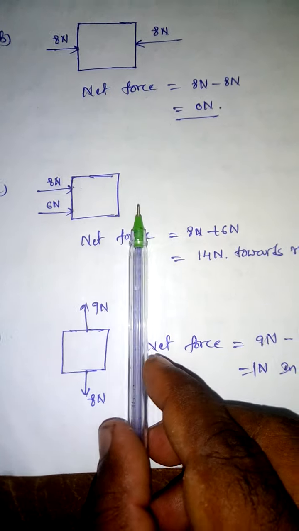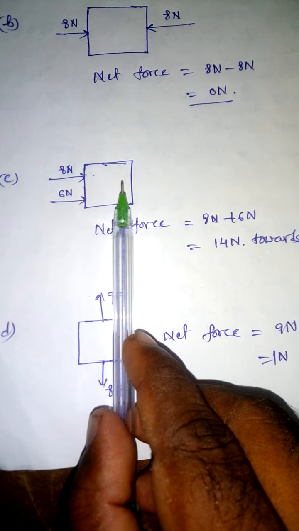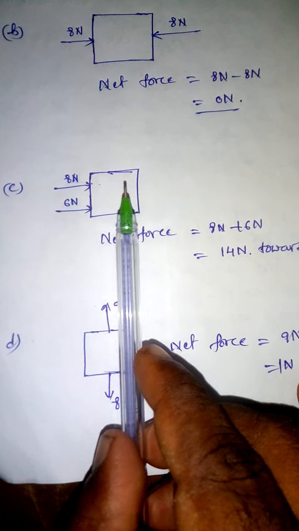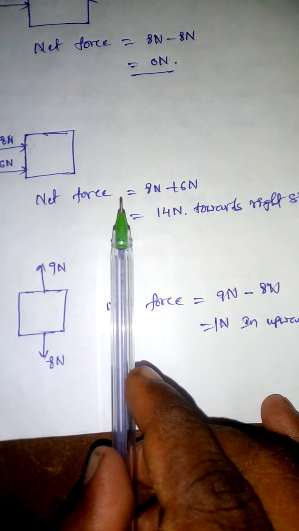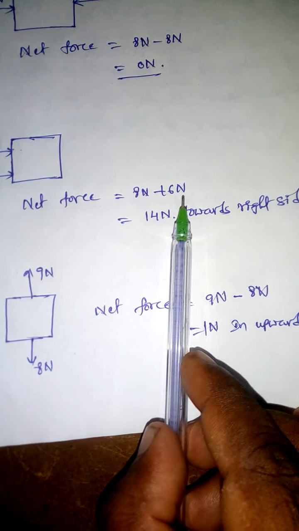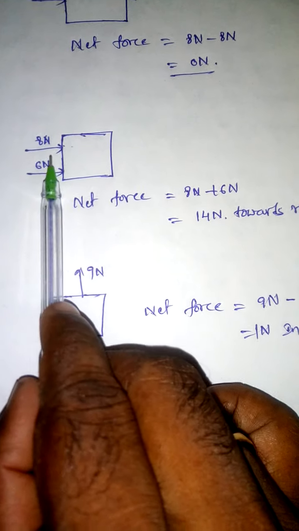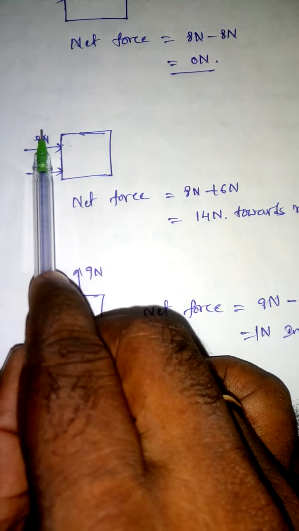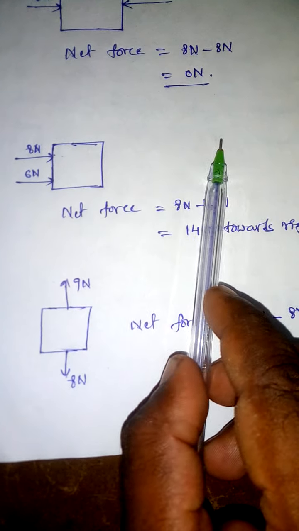Now coming to the third block, here two forces are working on this block in the same direction, that's why we have to add these two forces. So net force equals 8 newtons plus 6 newtons, that equals 14 newtons, and this force works on the block in the right side direction, so it moves towards right.